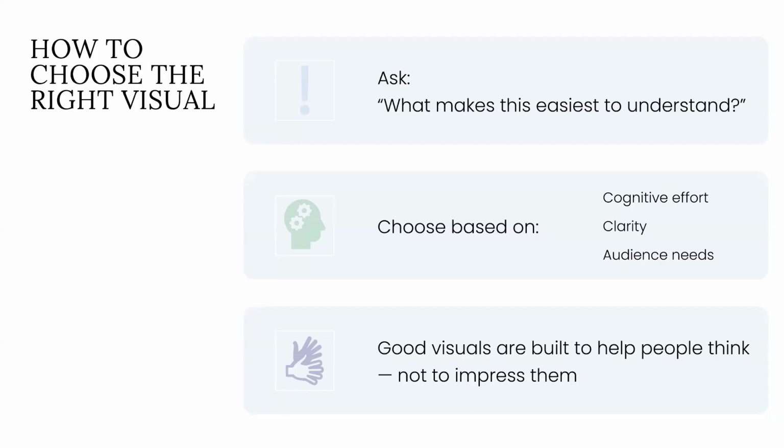Choose the visual that minimizes cognitive effort while maximizing clarity and insight. We should always prioritize perceptual efficiency, interpretive clarity, cognitive accessibility, ethical integrity, and audience understanding. Visualization is not about impressing viewers. It's about helping them think.